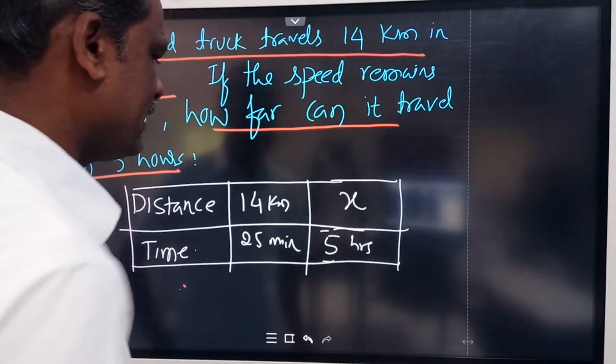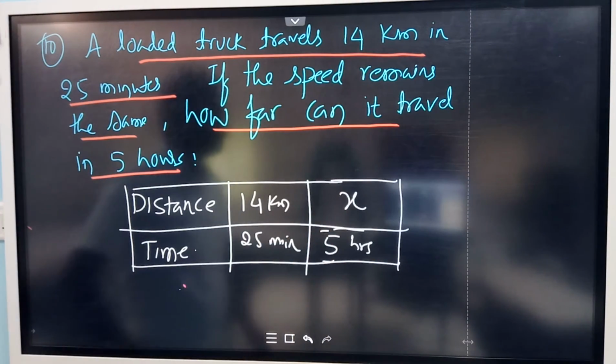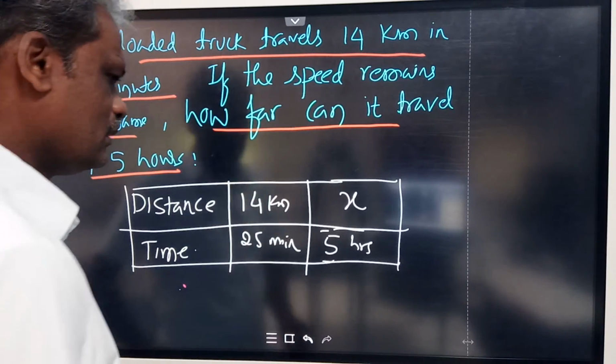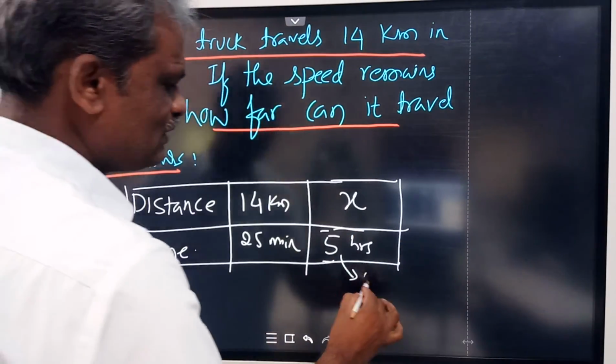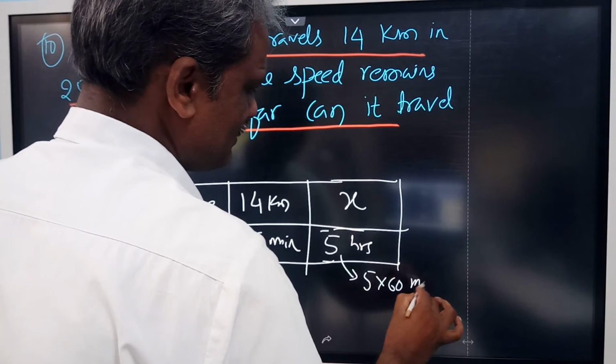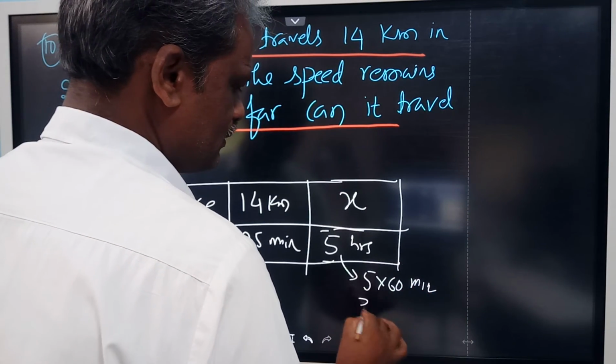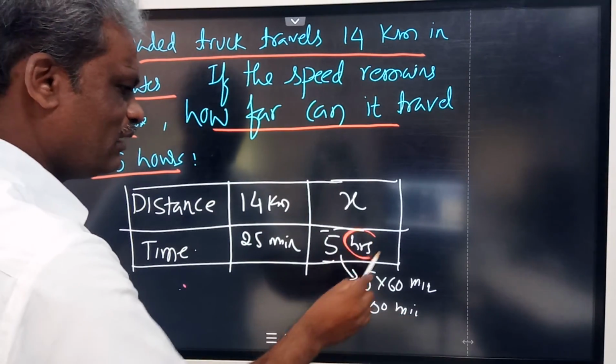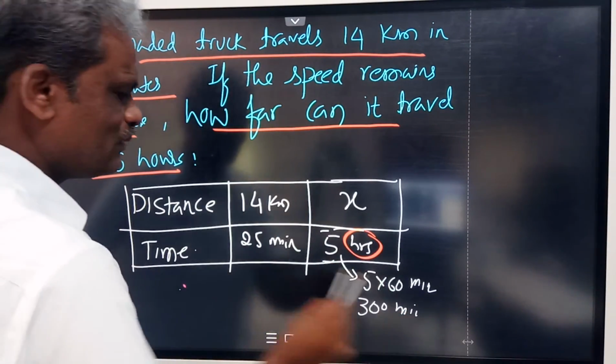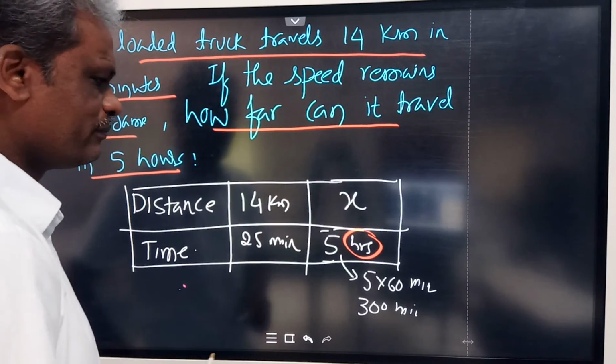So you can write here x. The time is in minutes, so you can convert this also into minutes. 5 hours can be written as 5 into 60 minutes, 300 minutes. Instead of writing this in hours, you convert that into minutes because this is also given in minutes.